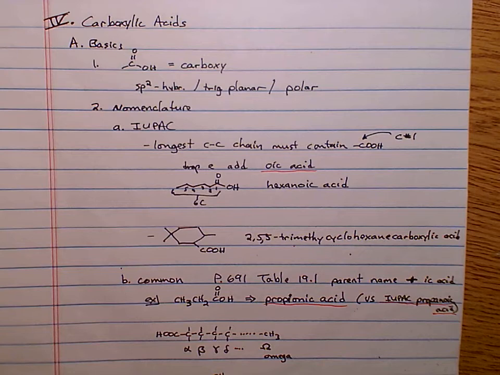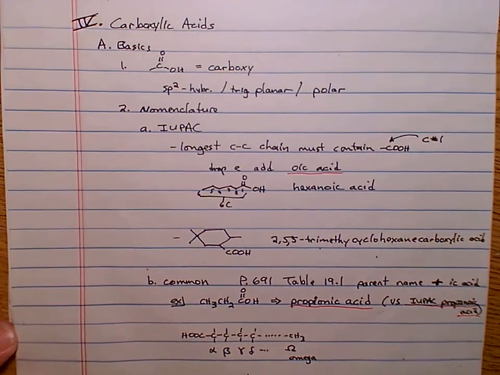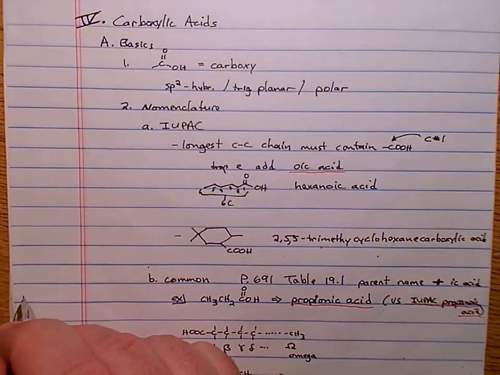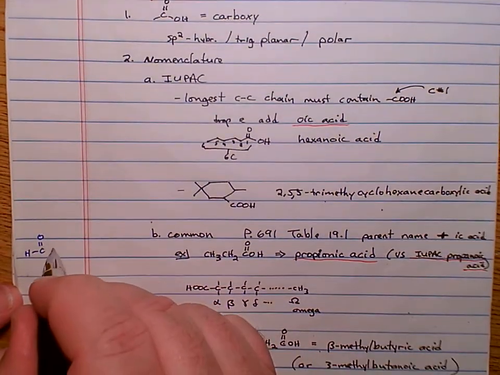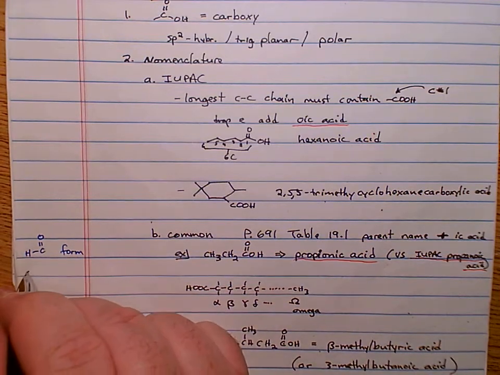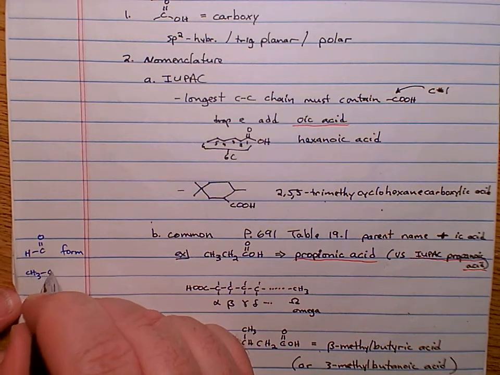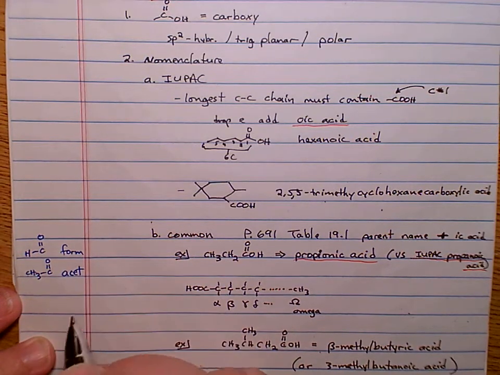All right. You need to memorize the first couple in that table. I will write down part of the table here. HC double bond O is called form. That's the form group. CH3, C double bond O is the acet group.